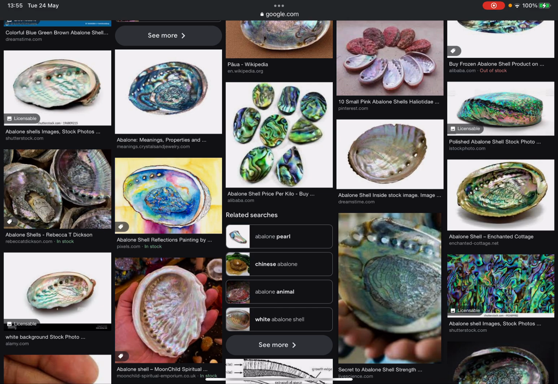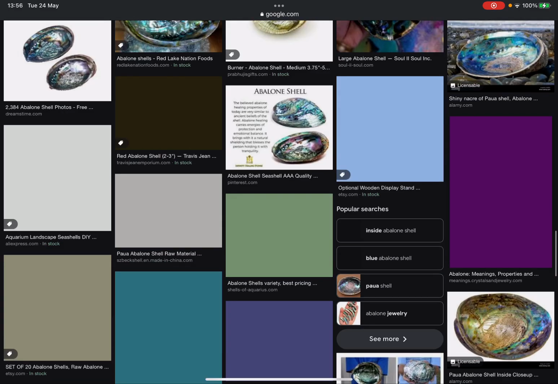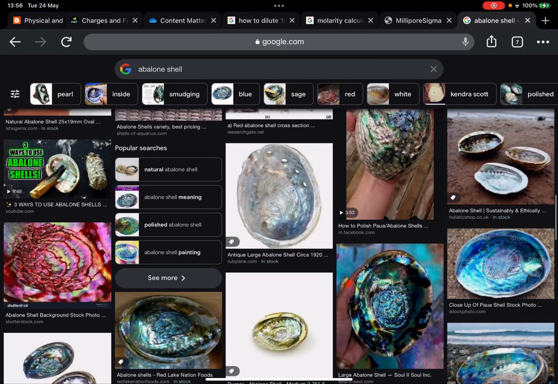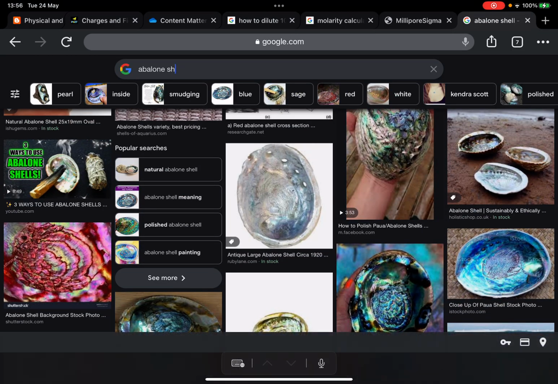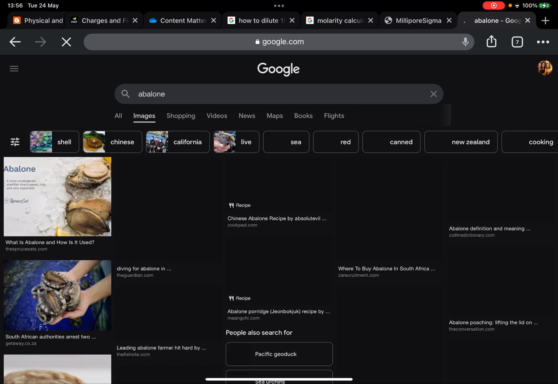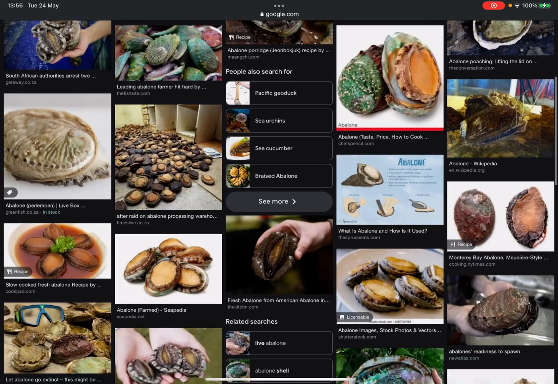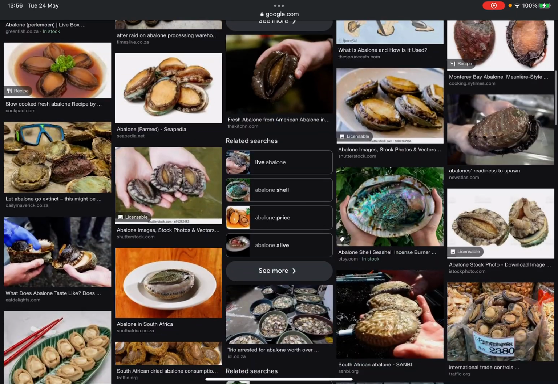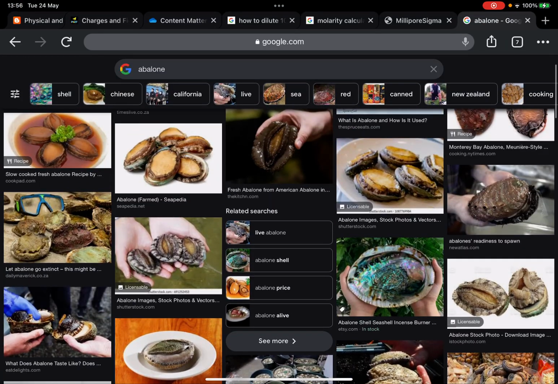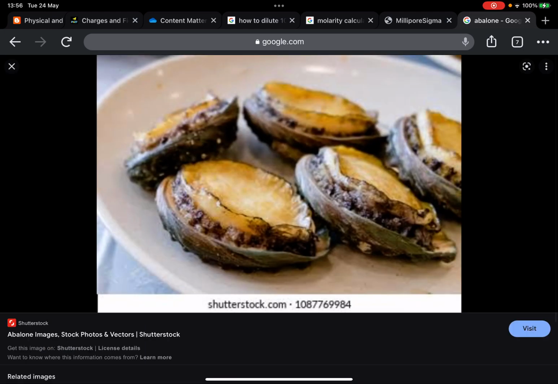No, not the shell. The food inside the shell. So the shell is just. So it's like a snail. Okay. So that's what it looks like. All right. So you see this here. This is the food there. They call it an aphrodisiac.